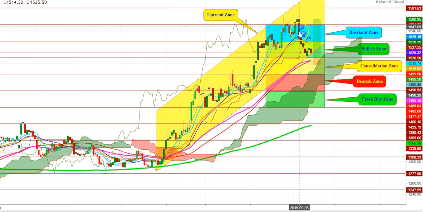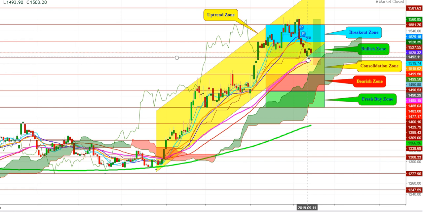And since then we have seen a sharp downward move up to the levels of $1491 that the gold futures touched on September 11, 2019. But since then the gold futures have come out of this downward move and once again touched the levels of $1516 on September 12th. No doubt that this was a good bounce from these levels from the lower end of this uptrend zone.